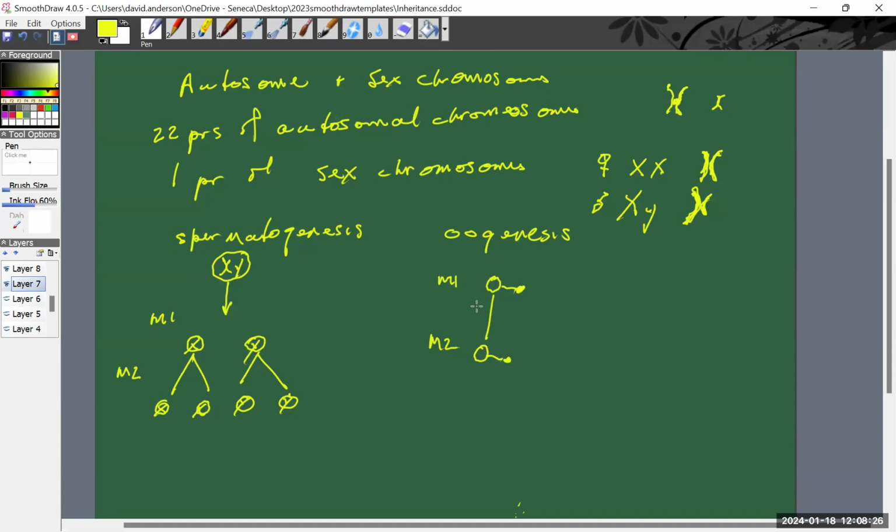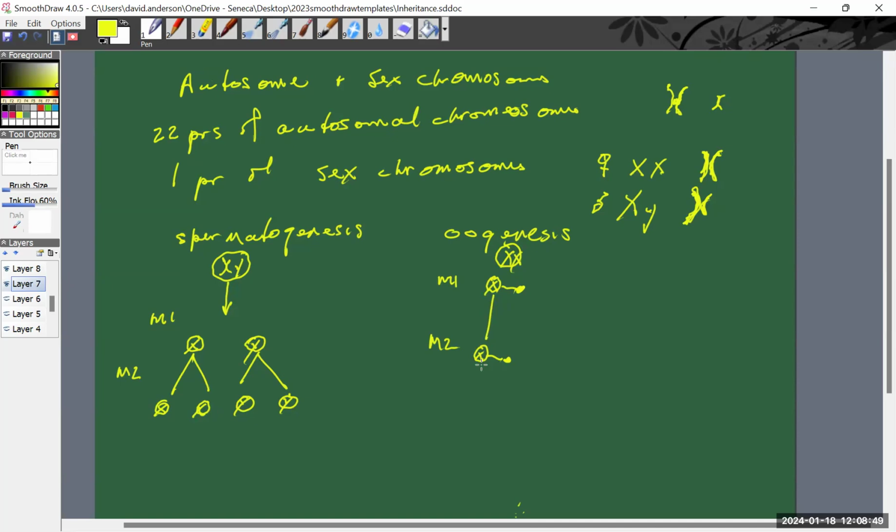So at the end of meiosis 2, we have a single egg, and at the end of oogenesis and in spermatogenesis, we have 4 cells with half the chromosome material. So in each case, because we started in oogenesis with XX, we're going to always offer an X from the female side of the reproductive systems.